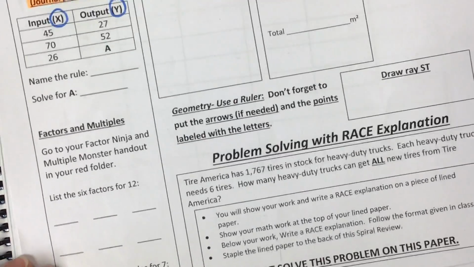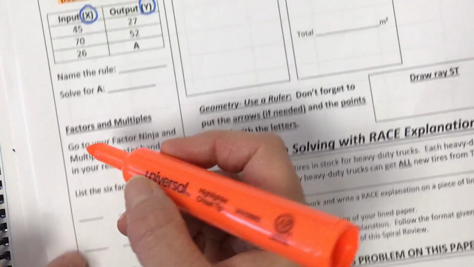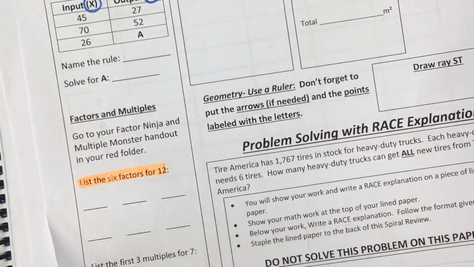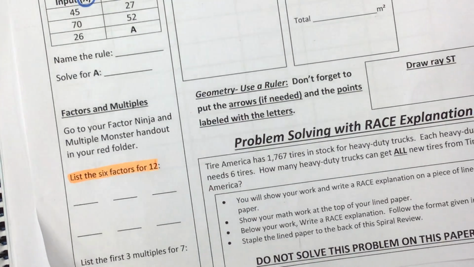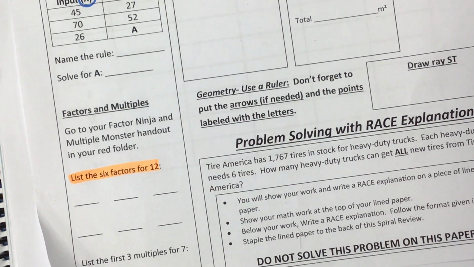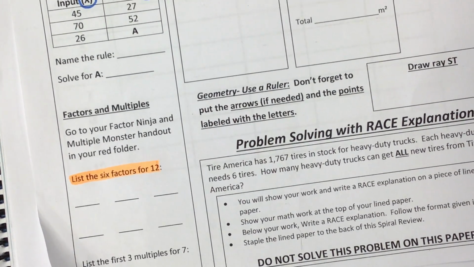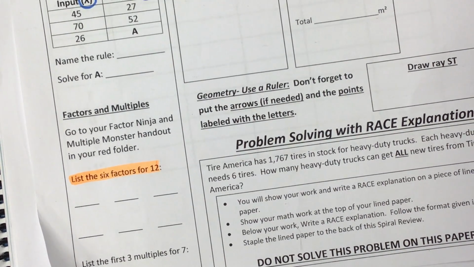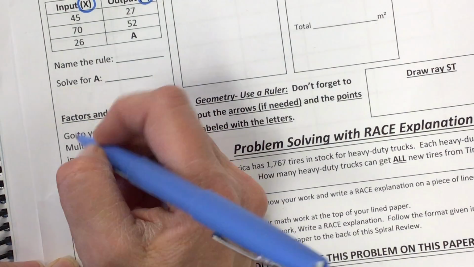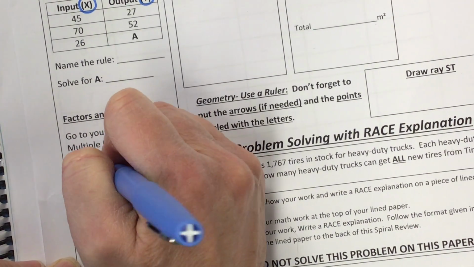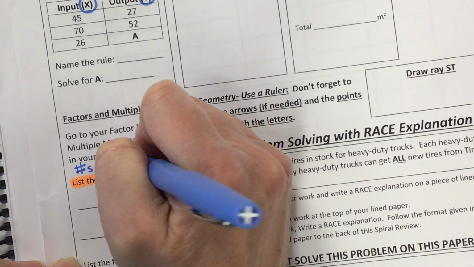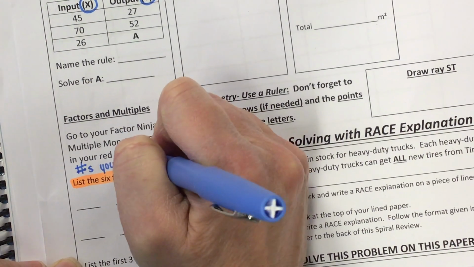Okay, list 6 factors for 12. What are factors? I only have one hand in the air. What are factors? Ellis. Well, what would they be factors of? 12.